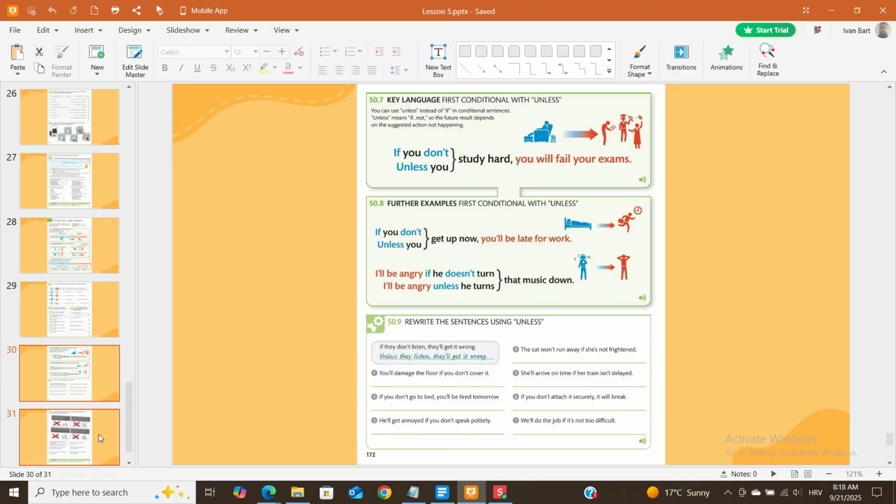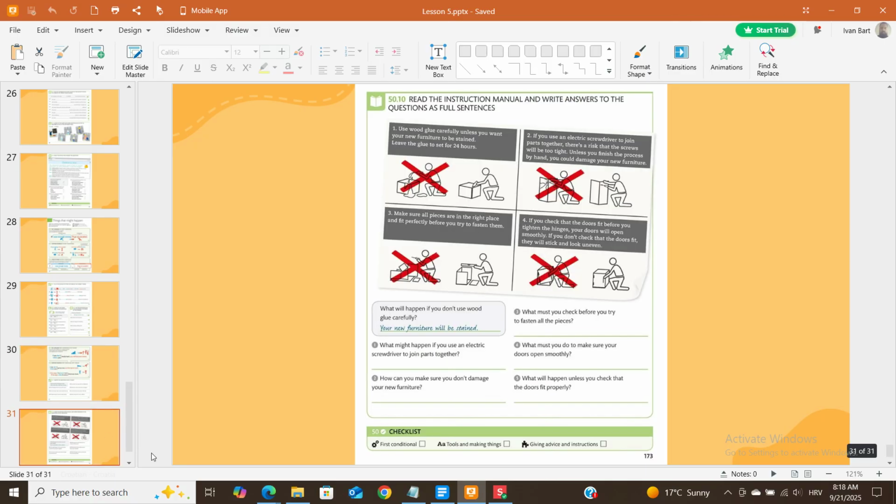50.10 Read the instruction manual and write answers to the questions as full sentences. 1. Use wood glue carefully unless you want your new furniture to be stained. Leave the glue to set for 24 hours. 3. Make sure all pieces are in the right place and fit perfectly before you try to fasten them. 2.